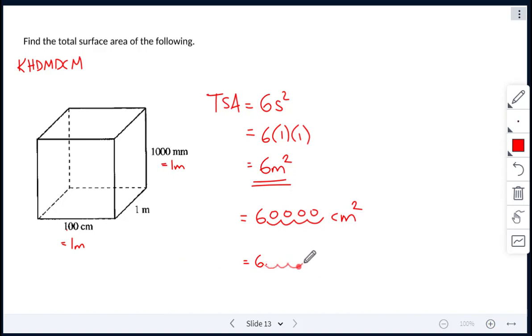So 1, 2, 3, 4, 5, 6. And that would be in millimeters squared. All right, so there's your answer in meters squared, centimeters squared, and in millimeters squared. All right, so I'm just going to pause here.